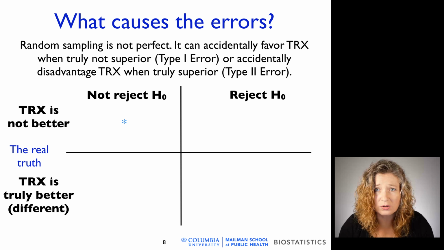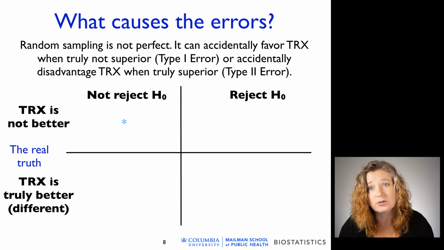Well, the main cause of the errors is random sampling, and random sampling is never perfect. It can accidentally favor TRX when truly not superior. Maybe there are subjects that would get better regardless whether they are on TRX or tau, and they all stack up on TRX.